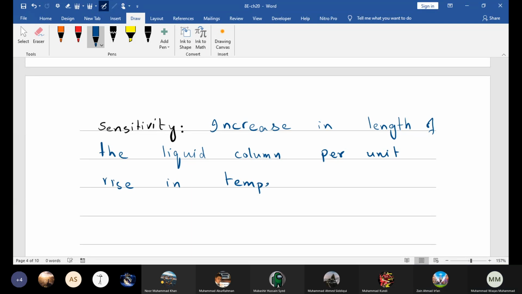No, per unit rise in temperature, beta. So, increase in length of the liquid column per unit rise in temperature. Beta, clear? Got it or not? Yes, sir. Clear, sir.